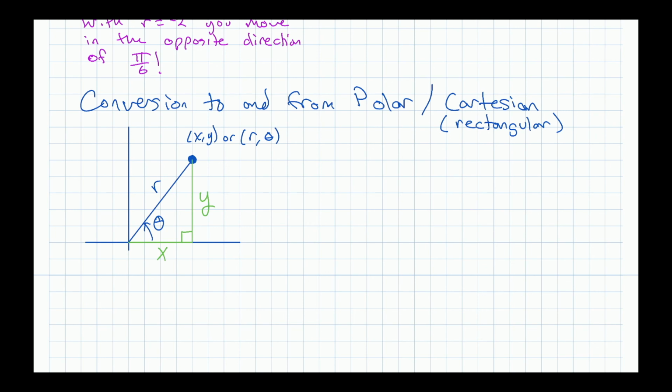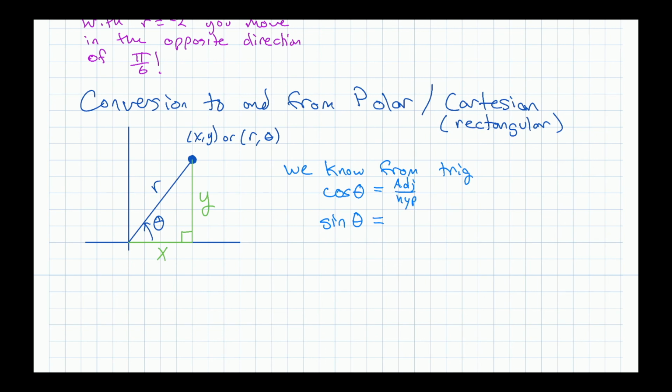Because that right there is a right triangle that I drew. And we know from trig, if I had the cosine of theta and the sine of theta, what would the cosine of theta be according to this picture? In general, the cosine from triangles is the adjacent side over the hypotenuse.